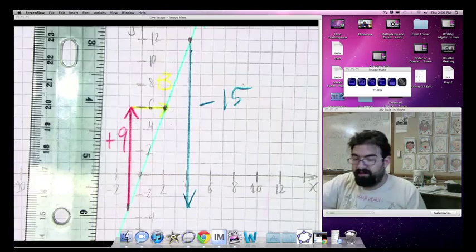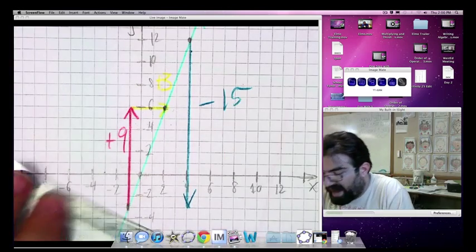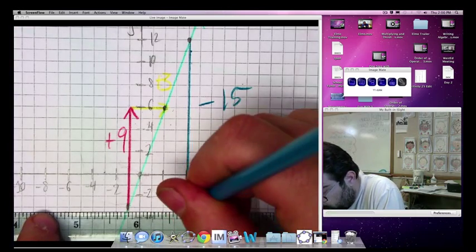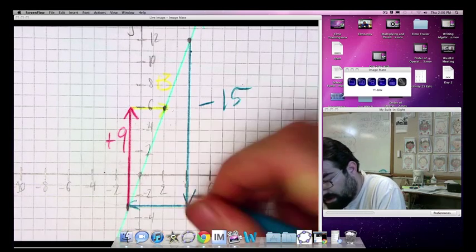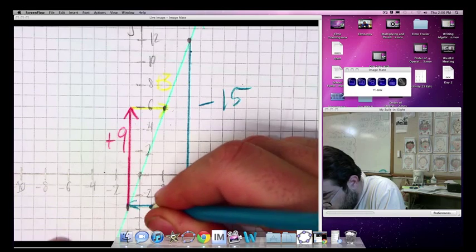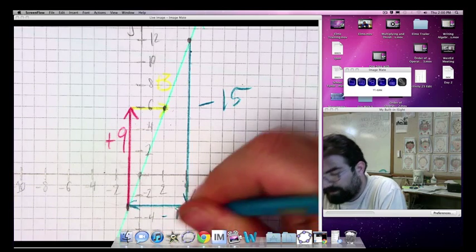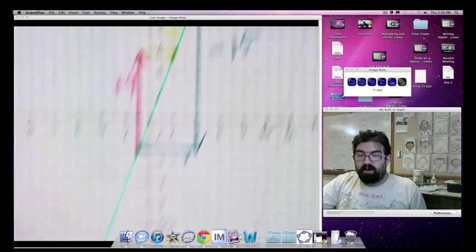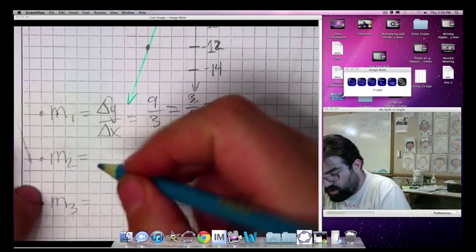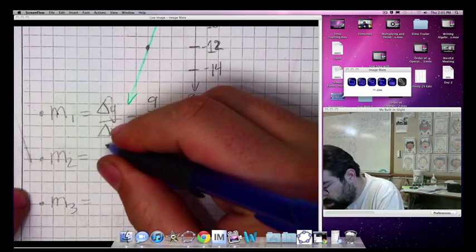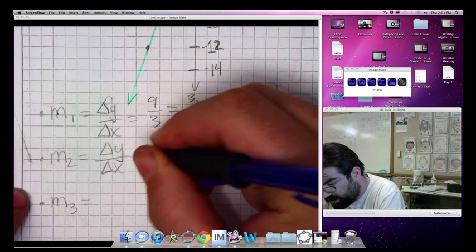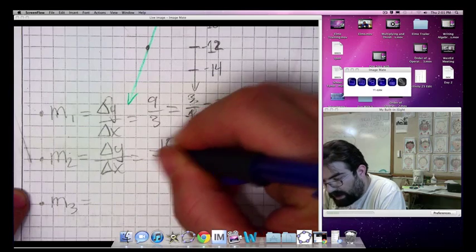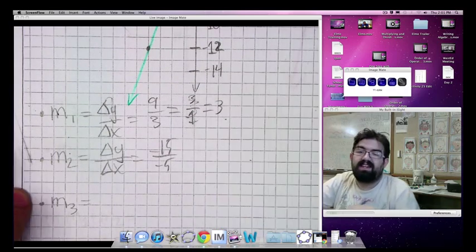So I go down by 15, and then I'm going to go backwards, which is negative also, by 1, 2, 3, 4, 5. So my change in y going down was negative 15, and my change in x was negative 5.